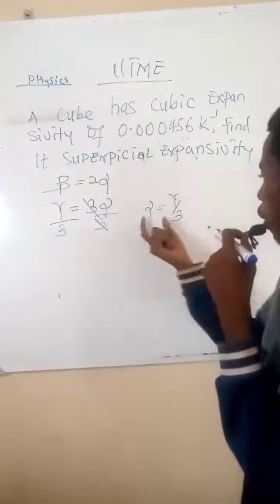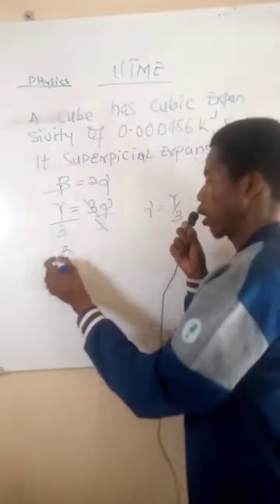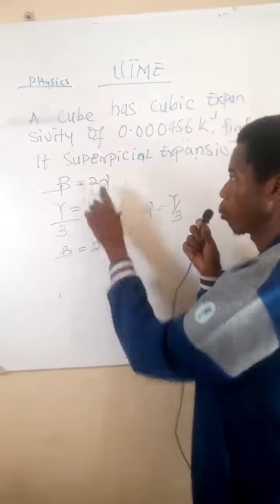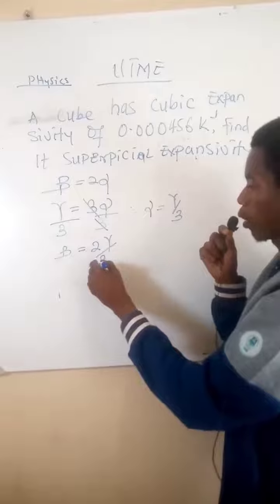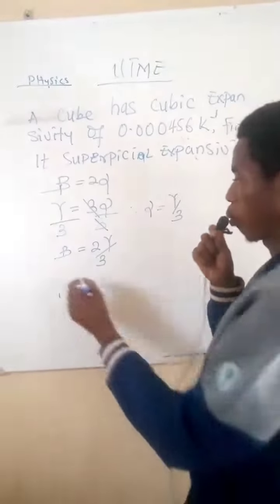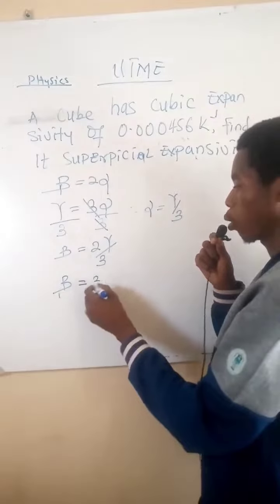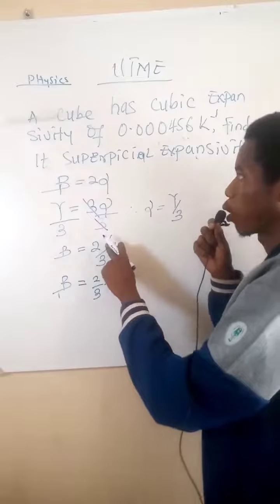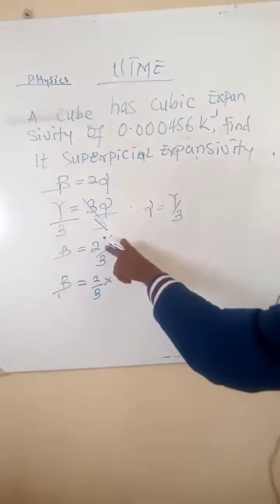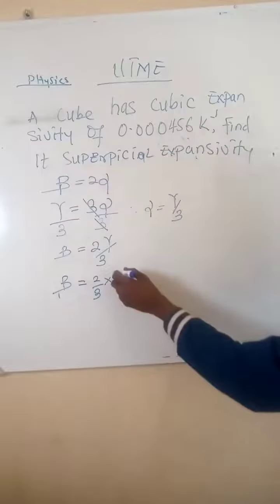I will put the value of alpha into this equation. Beta now equals 2 times the value of alpha, which is gamma divided by 3. So, superficial expansivity beta equals 2 divided by 3 multiplied by the value of cubic expansivity, which is 0.00456.